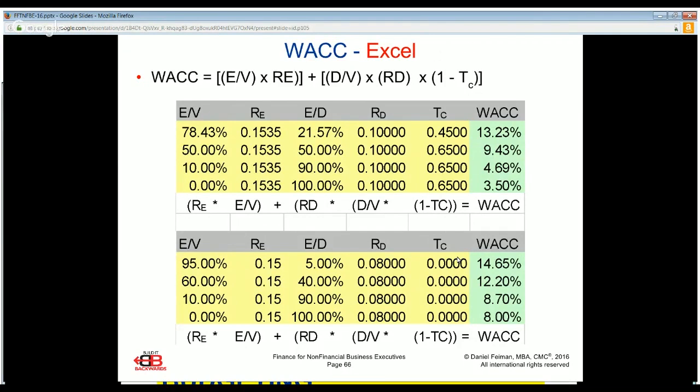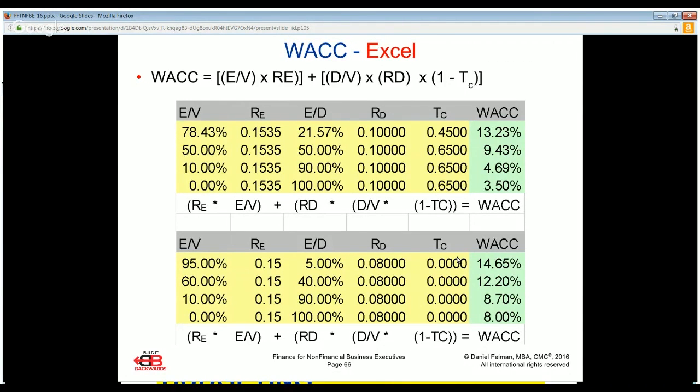Going back to the previous module, go to the bottom half of the slide. The higher the amount of debt, the higher the proportion of debt to equity, the lower the cost of capital. The bottom half of the spreadsheet really makes it very clear. To make things simple, we have no taxes at all.